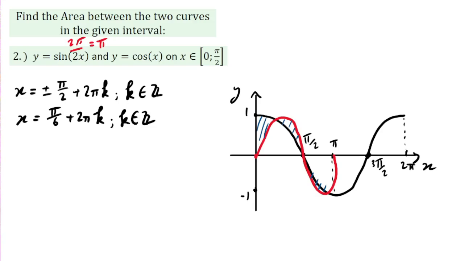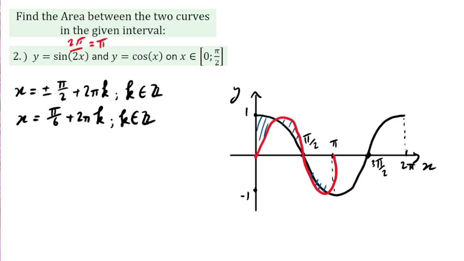But now remember, what are we actually trying to find? The interval from 0 to pi over 2. So we're going to look at this area here, these blue sections, this area here and that area over there. We're going to add them together to get the net area that we are looking for in the interval.